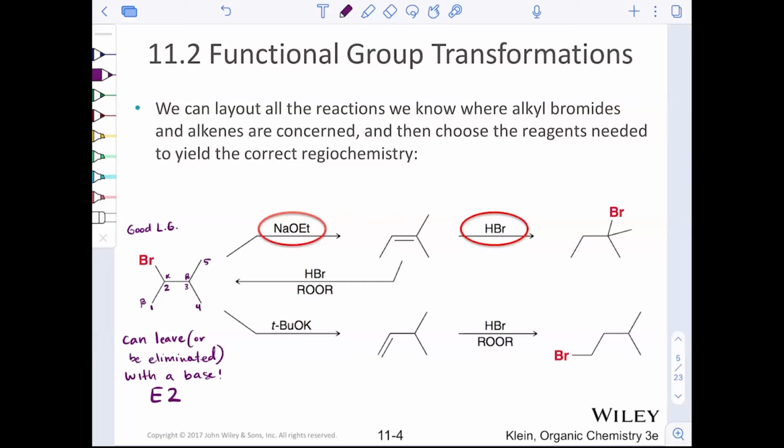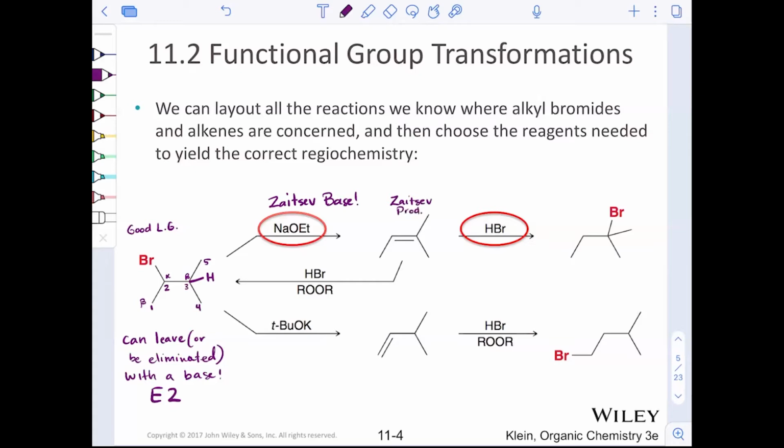Now, we know that the size of the base of an E2 reaction will help predict the location of our major product alkene. Sodium ethoxide is a Zaitsev base, meaning that it will pull off the proton on the more substituted beta to produce the more substituted alkene, or what we call the Zaitsev product.